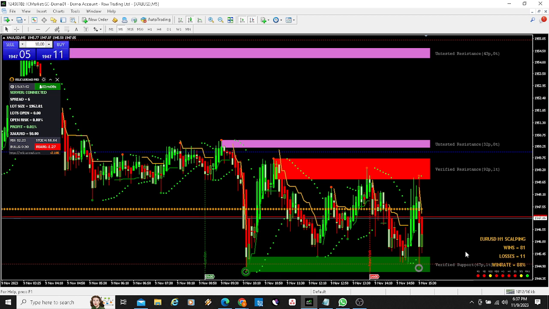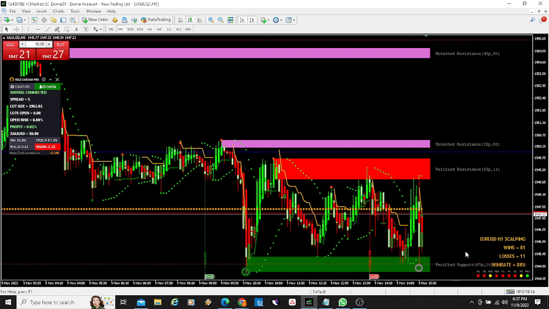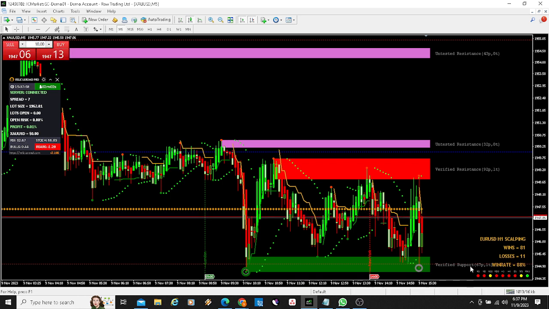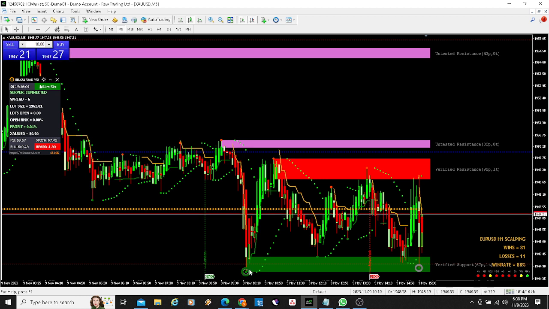But the good thing is, always wait for reversal signals from support and resistance level, or, for example, dynamic reversal signals with green circle or red circle or gray circle.